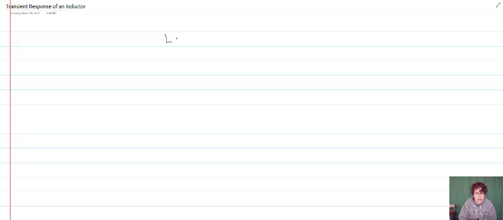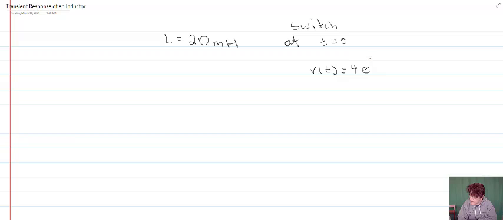So let's say we have an inductor that is 20 millihenries, and we have an activation of a switch at t equals 0, and at that activation, the voltage across that inductor is given as a function of time as 4e to the minus 0.2t millivolts for t greater than or equal to 0.